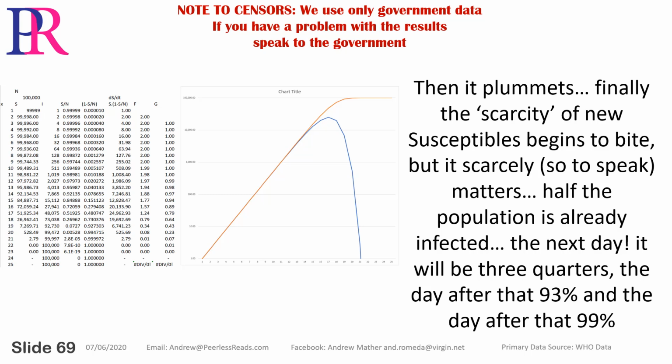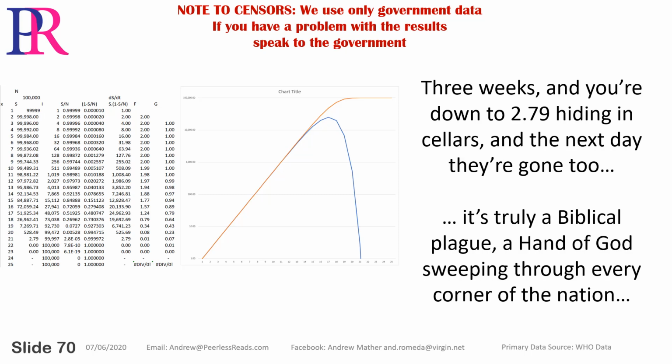Half the population is already infected. The next day, it will be 3/4, the day after that, 93%, and the day after that, 99%. 3 weeks and you're down to 2.79 hiding in cellars, and the next day they're gone too.